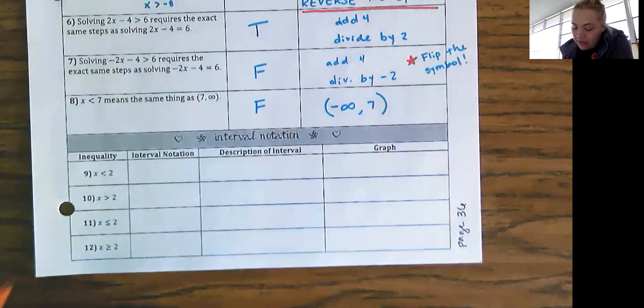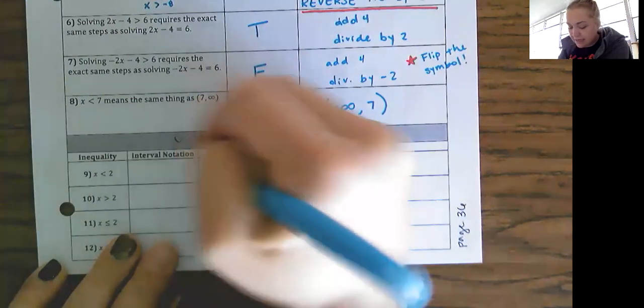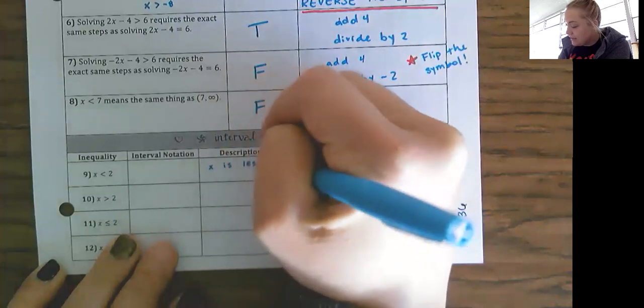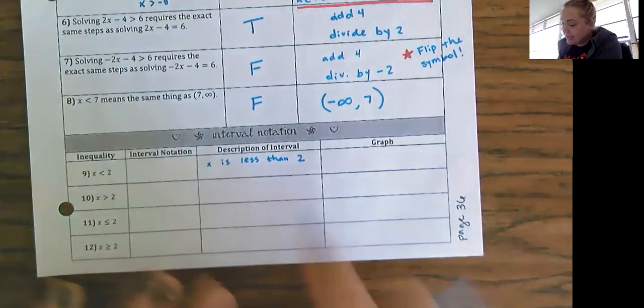So when you are given the equation or the inequality x less than 2, you can write that in words in the middle: x is less than 2. All right, so I can do that for all of these. I know that x is less than 2.